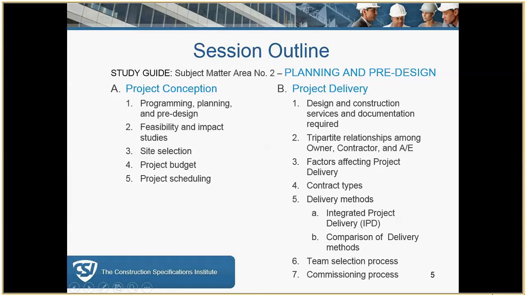Again, the tripartite relationship, factors that affect project delivery, and that is another important area that will be addressed on the exam. Contract types, and again, these would be questions about contracts in terms of a situation and where you would do that. Delivery methods, we're going to talk about IPD, and we're going to compare the delivery methods, a little bit about team selection, and about commissioning.